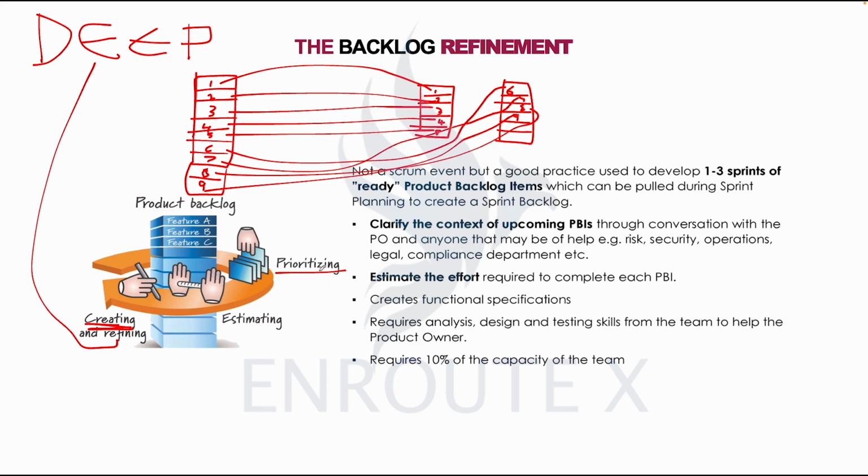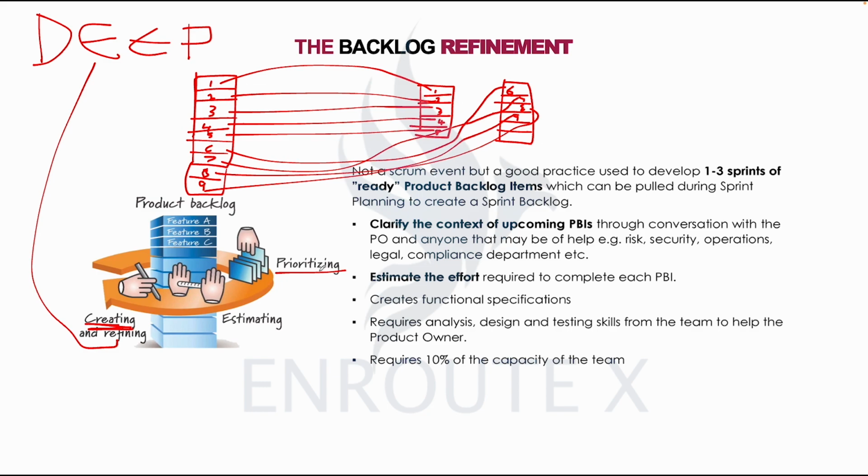Then you estimate the effort. In the last class we looked at estimation. The first time estimation happens with a team is during the backlog refinement, which is a process we would again carry out during the sprint planning meeting.